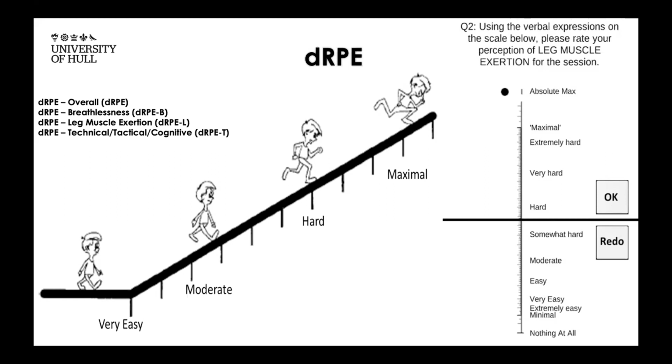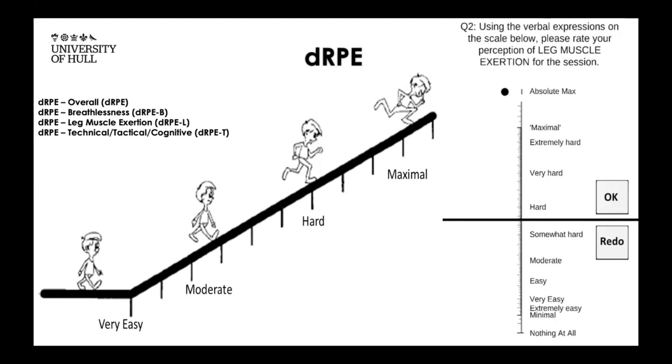We also utilised a modified version of the Omni scale to accompany the CR10. The verbal cues from the CR10, the hard, very hard, somewhat hard, moderate, maximal, easy, as you can see, we transferred across the Omni scale to give the players a pictorial cue as to what that may look like.